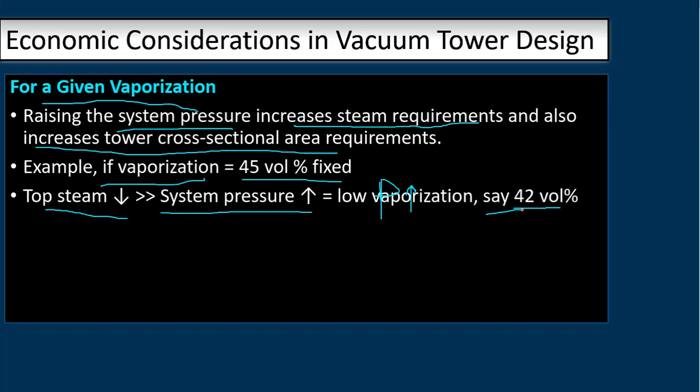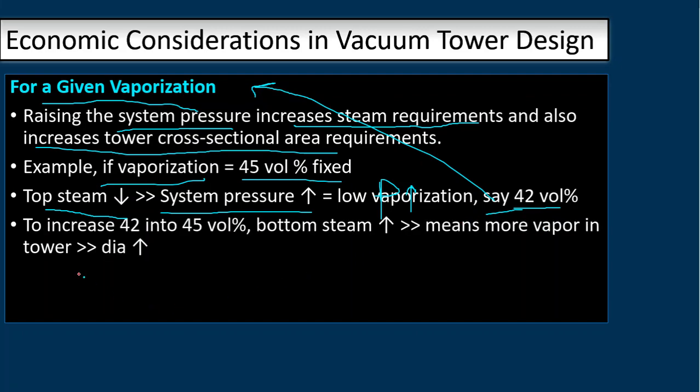But as I already told you, you have to fix the vaporization. This means I need 45 volume percent vaporization, whatever the pressure may be. So what can we do? We can increase the vapor from 42 to 45 volume percent. There is a bottom steam requirement, and that bottom steam demand will increase here. We need more and more bottom steam.